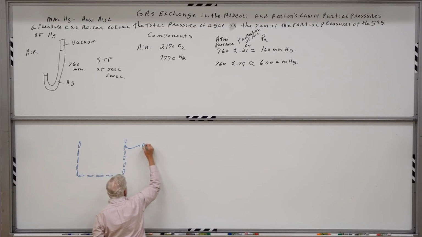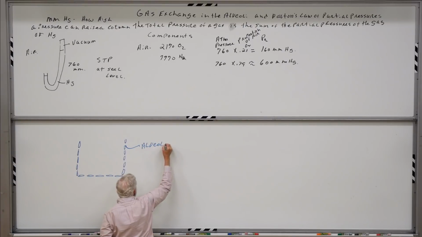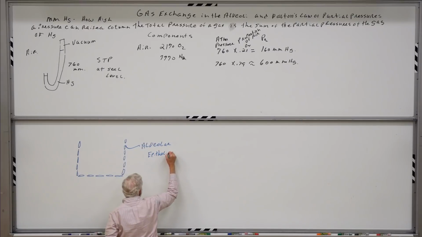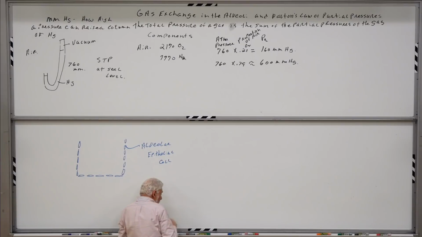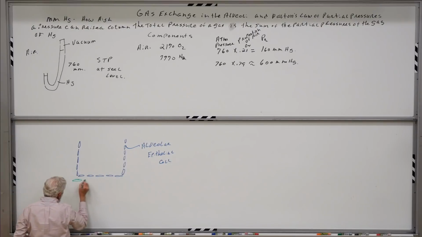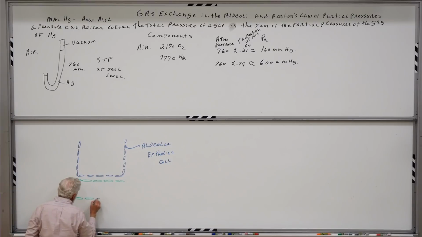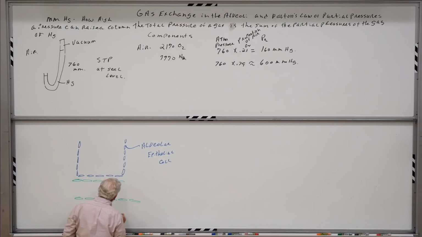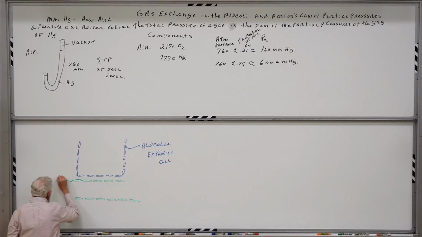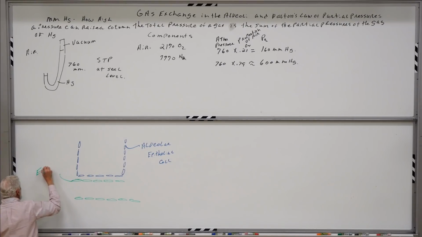So this is meant to be an alveolar epithelial cell. And last time we drew this, we said that right adjacent to the basilar surface of that alveolar epithelium was a layer of endothelial cells.